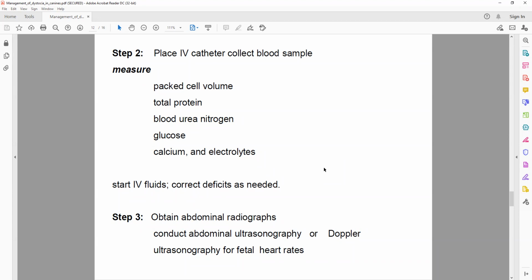Okay, and then by radiograph you can understand, let's say, four fetuses are there or five fetuses are there, so you can ascertain that by obtaining the radiograph. But still you cannot be sure that yes, four are visible, so only four are there. You cannot tell the owner like this, because sometimes, as I told you, if the fetuses are dead, then they will be overridden, meaning parallel to each other.